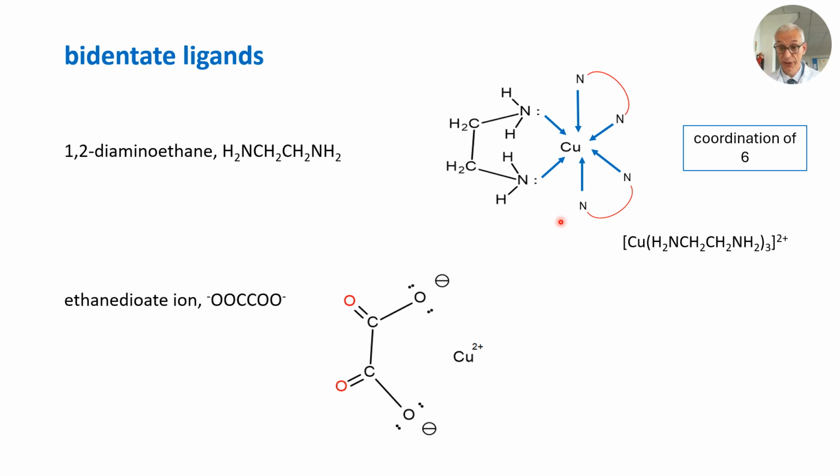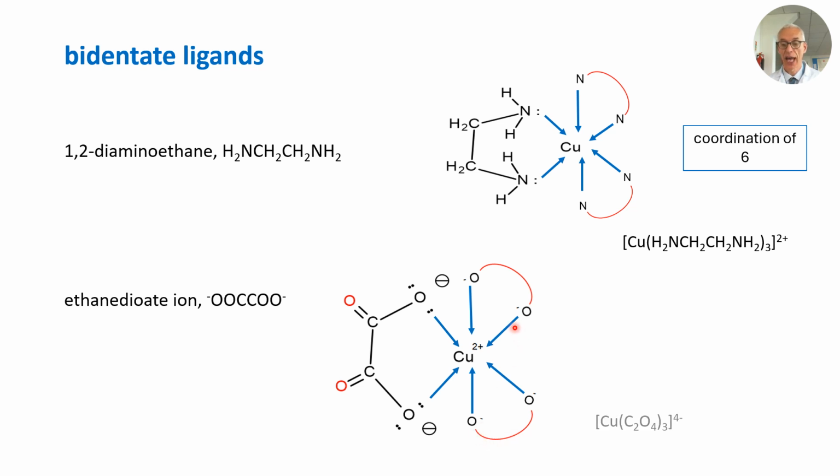Okay, so to reveal, and by the way, you are expected to draw these complex ions, so you do need to practice them. Each lone pair on the oxygen of the carboxylate groups forms a coordinate bond. We can represent 2 other ethane dioate ions with a focus on the oxygen, the lone pair containing atom, and a line representing the rest of the structure.